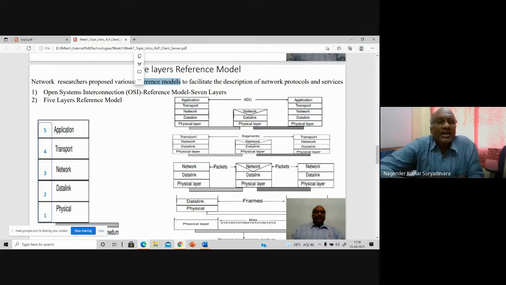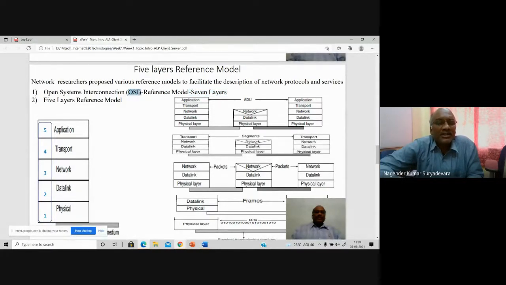Here there is one particular reference model called the 7 layers reference model, which is a theoretical one. Theoretical means it is a logical one. When I say logical, practically you don't really see these 7 layers in practice most of the time. That is a logical reference model, which people call Open Systems Interconnection, OSI.